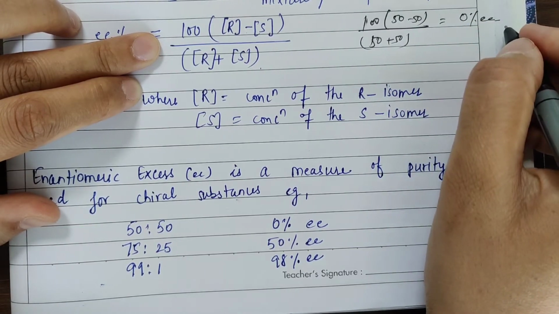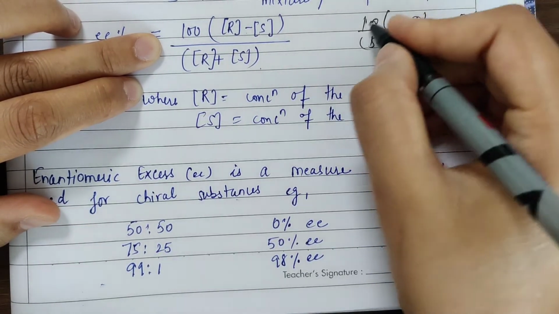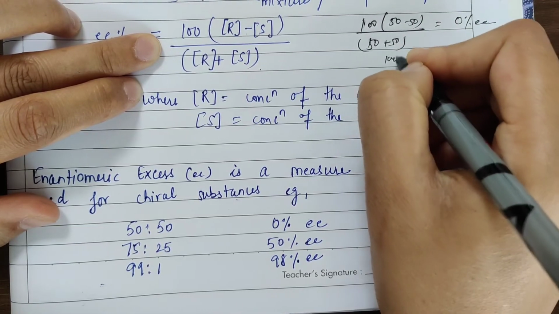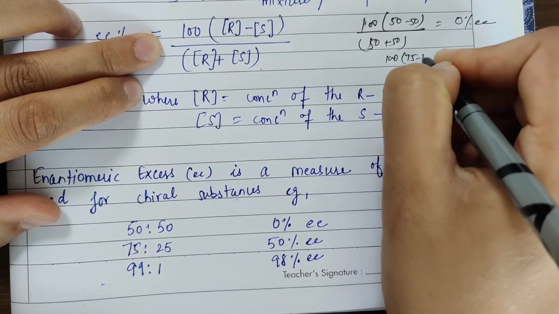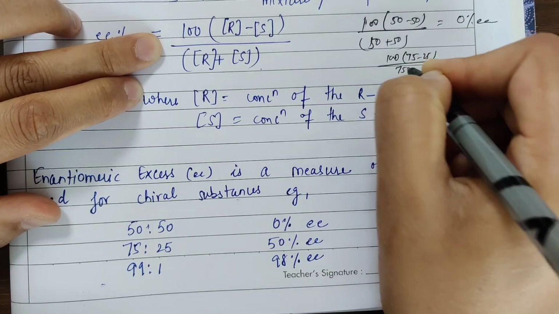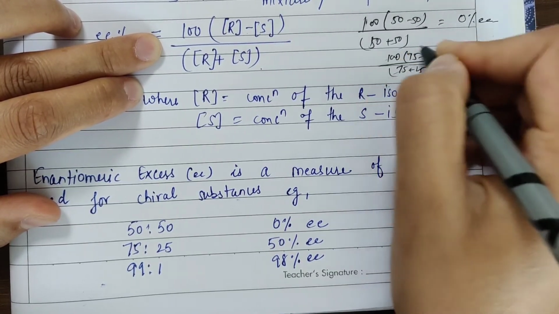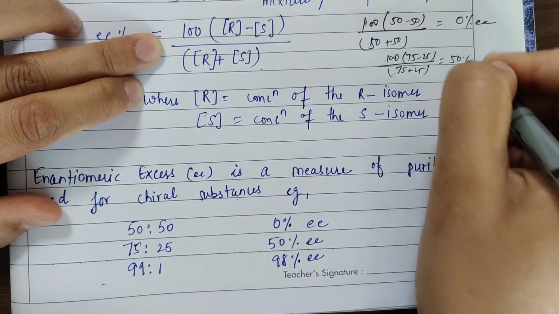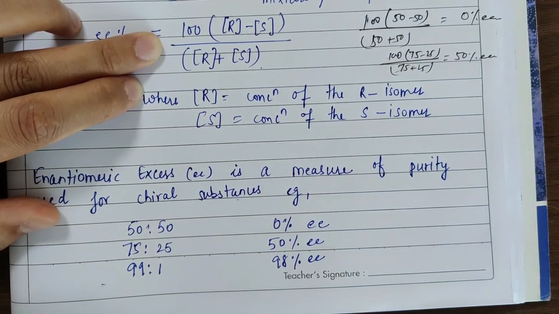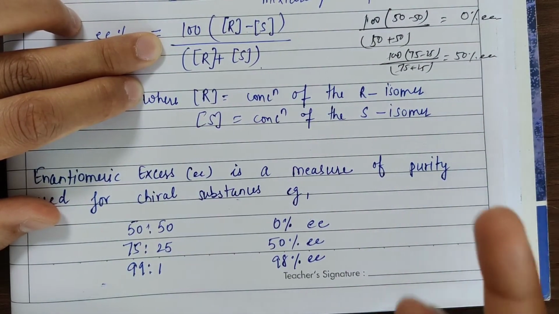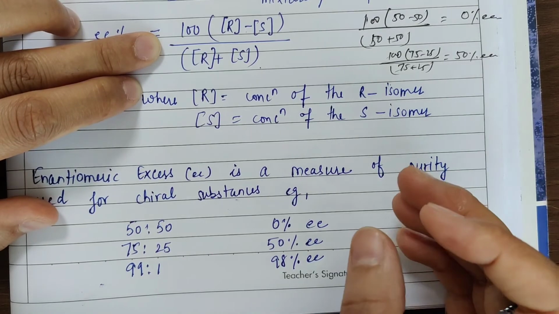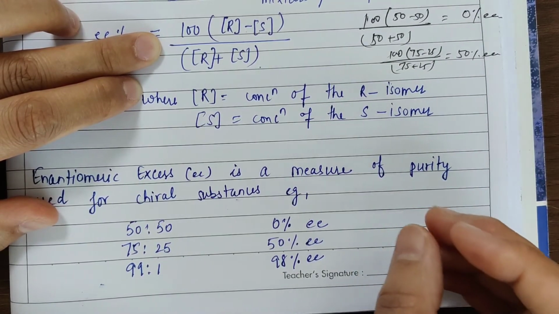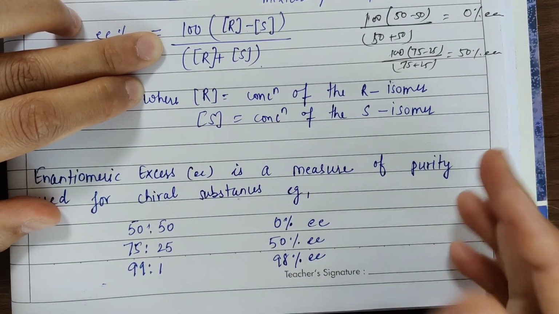None of the enantiomers is in excess. If you have 75-25, then it will be 75 minus 25 divided by 75 plus 25. So this 100 will cancel out and you will get 50% enantiomeric excess. That way you can find out how much excess one enantiomer is over the other.